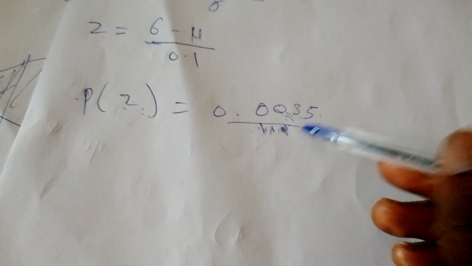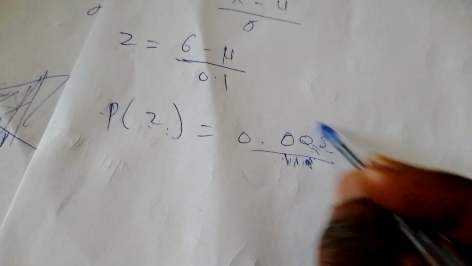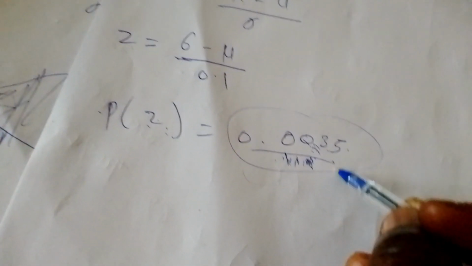There are basically two ways to look for this. On the z table, each number has a complement, which is always 1 minus that number.